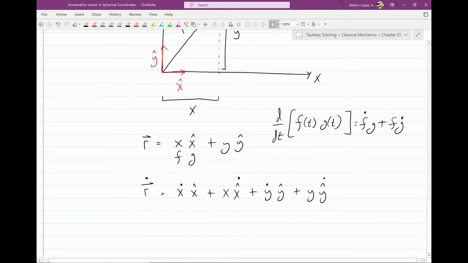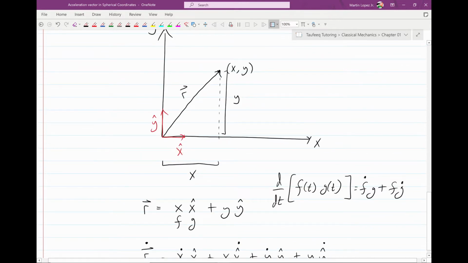But is x hat a function of time? In the Cartesian coordinate system and in general, x hat and y hat are fixed. So anywhere you are, x hat is going to point in this direction. So x hat is pointing this way, and y hat is pointing this way.